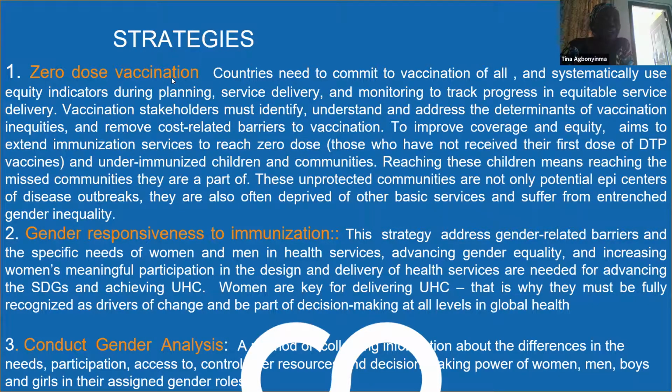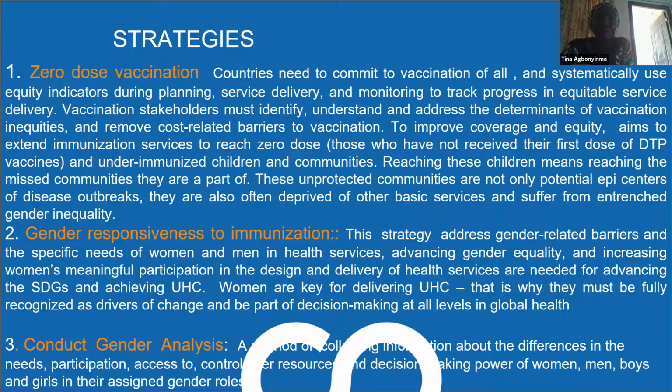So having identified our key issue, which is gender, we are looking at how we can strategize. What are the strategies we need to put in place? We are able to identify zero-dose vaccination strategies.